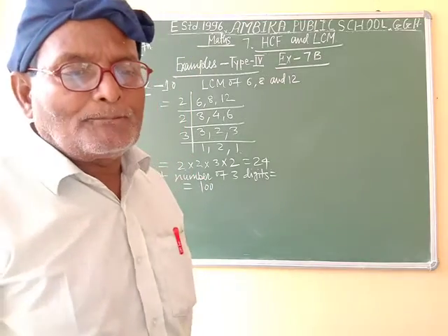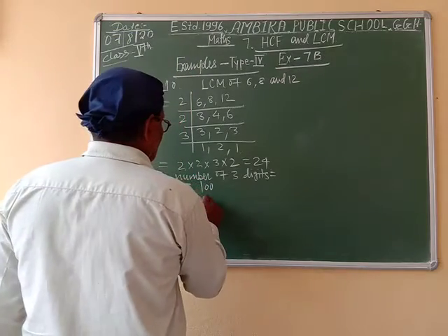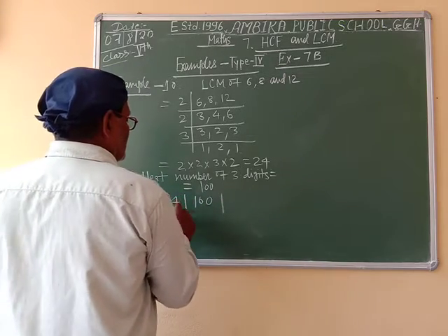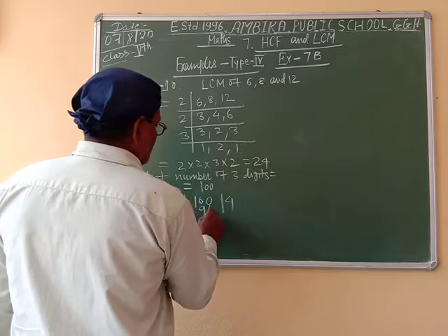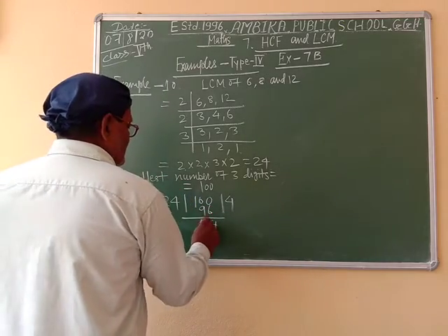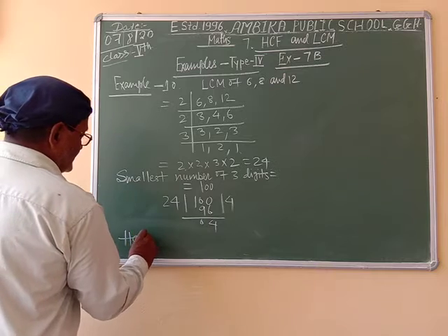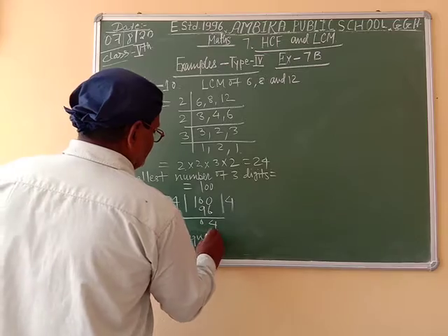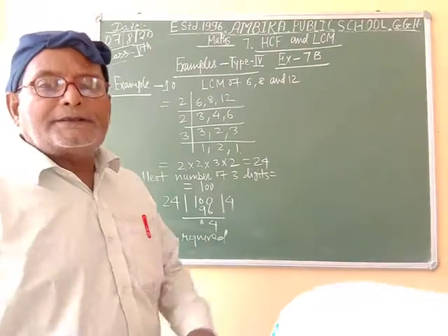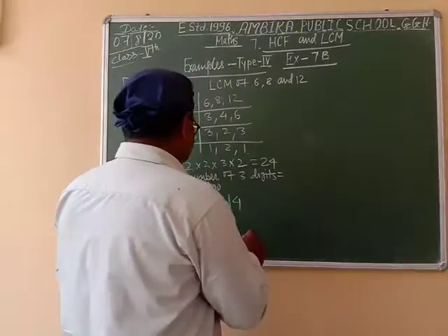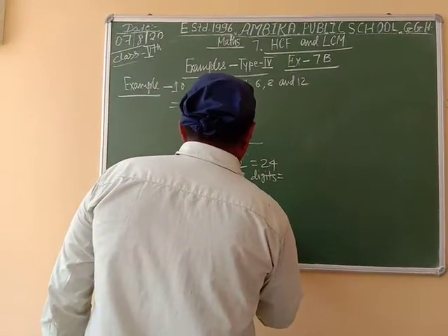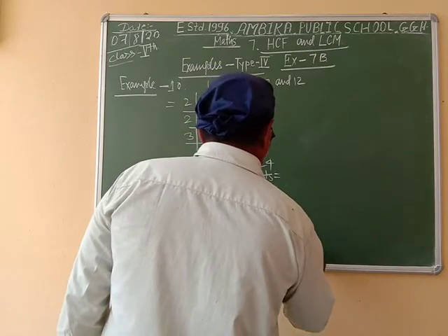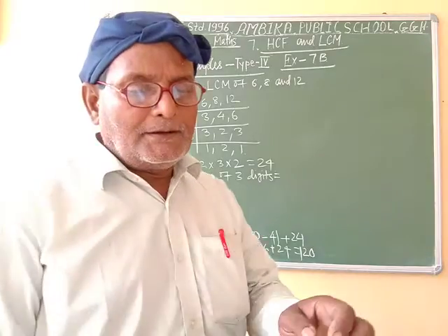Dividing 100 by 24, we get a remainder. Hence, the required number is equal to 120.